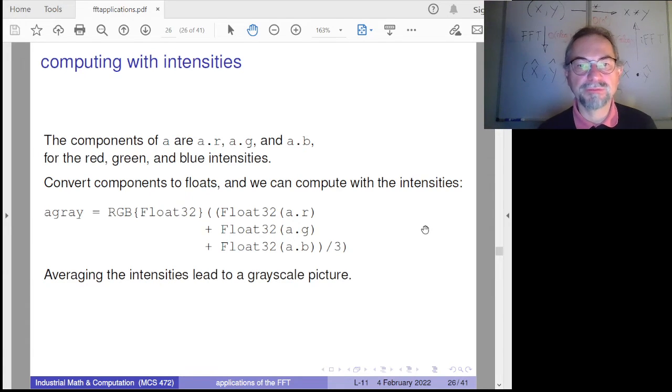I convert them to 32-bit floats and then add them up, and divide them by 3. But then I want again to convert them to RGB codes. And here for the RGB codes, I can say that I want to use 32-bit floats. So this is what is called a pixel by pixel operation.